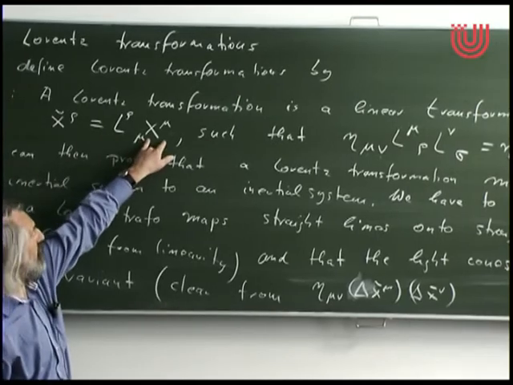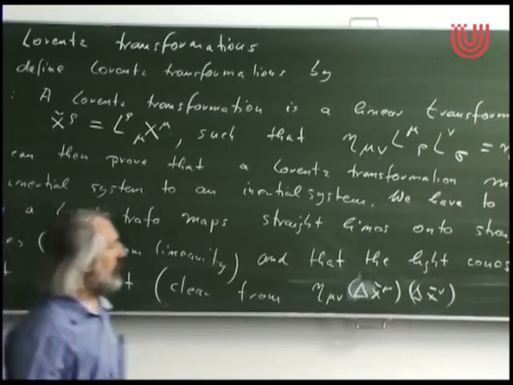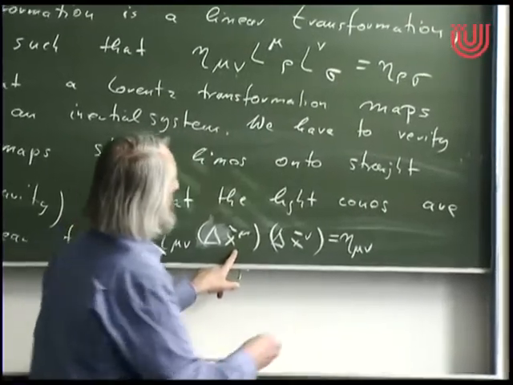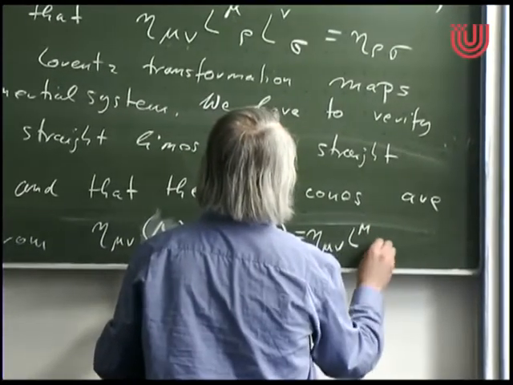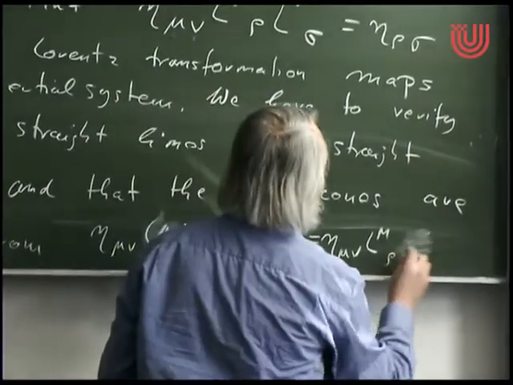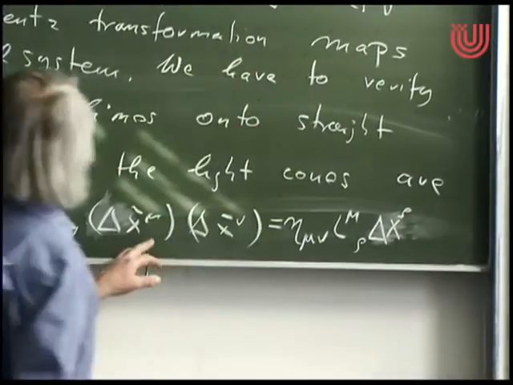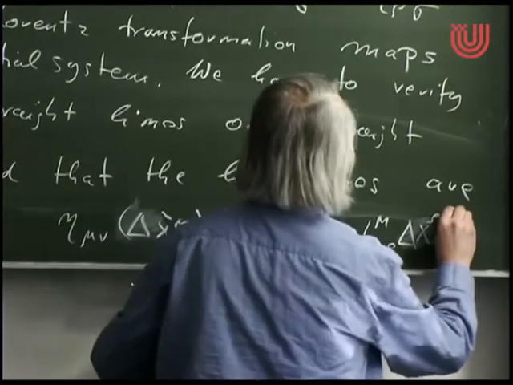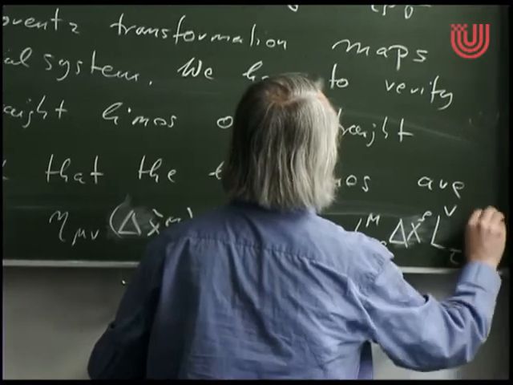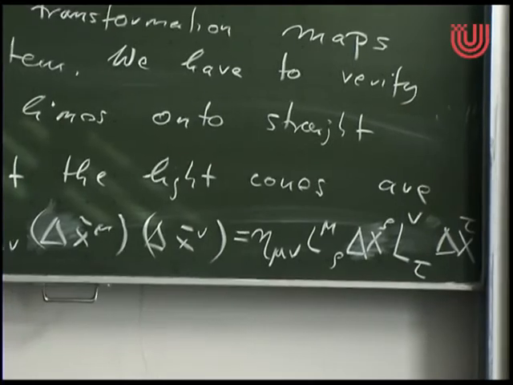Because if I apply this to a difference, then I get the difference of the two results because of linearity. So I can write this here as eta mu nu. So this here is now L with an upper index mu, lower index rho, delta x rho, sorry. The board is always too short. And this is L with an upper index nu, lower index tau, delta x tau. So I hope you can read this.